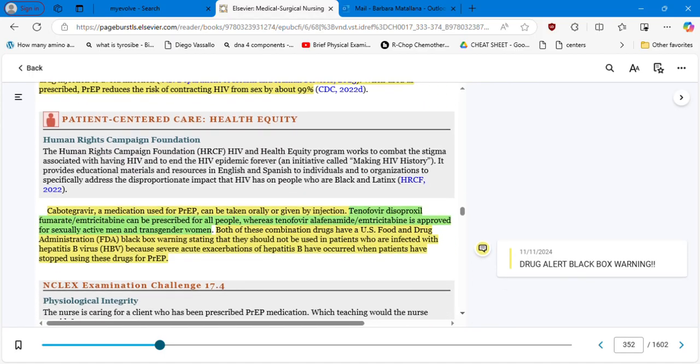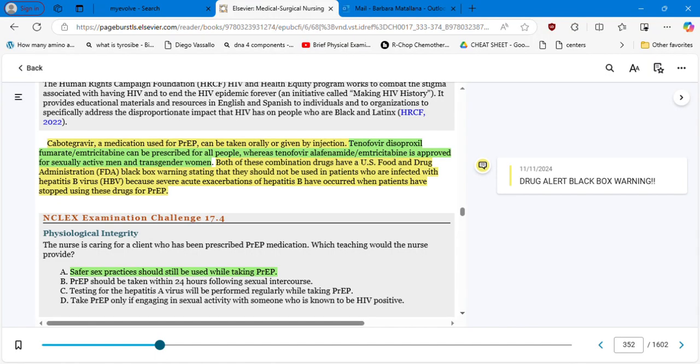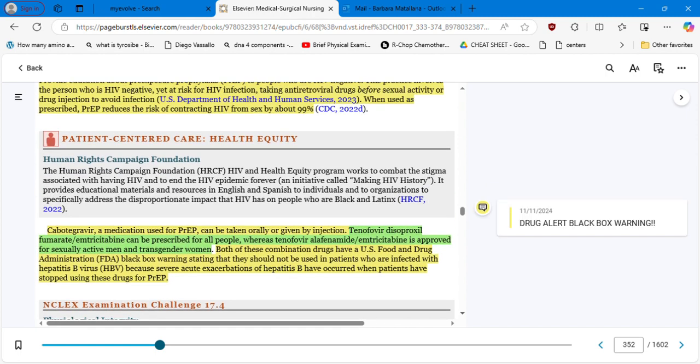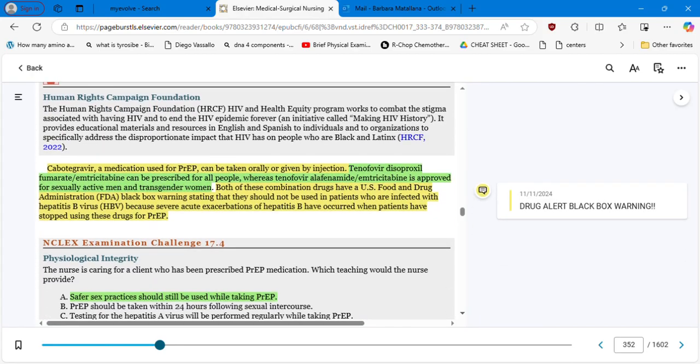Okay, so now let's talk about cabotegravir. This is a medication used for PrEP. So we were talking prophylactic, right? Pre-exposure prophylaxis, PrEP. So cabotegravir is a medication used for this purpose, and it can be taken orally or given by injection.